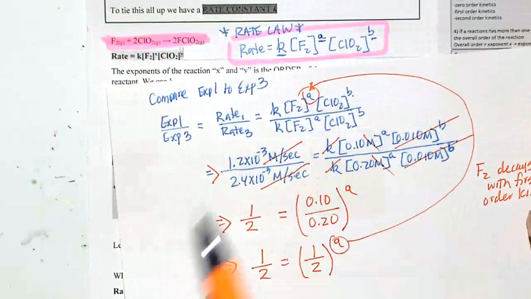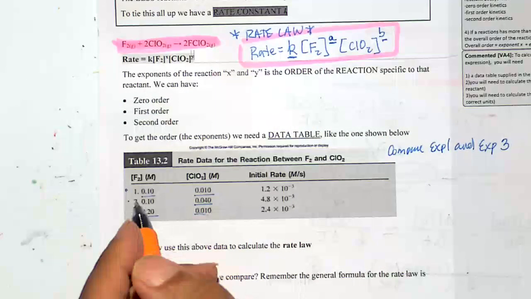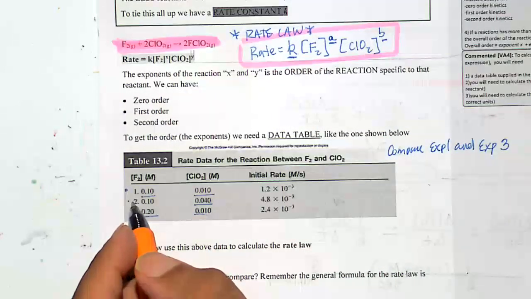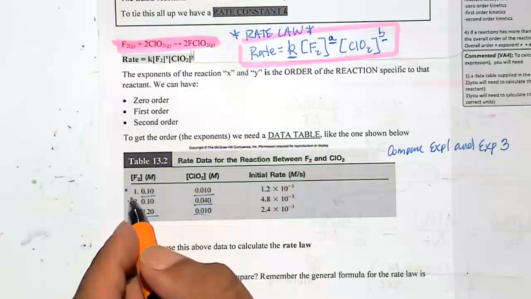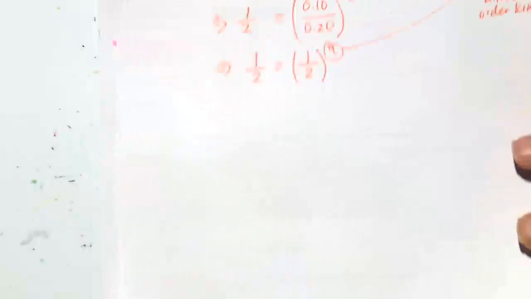All right, let's now try to calculate B. So instead of comparing 1 and 3, what do you think we should compare? Let's compare 1 and 2. Is that okay? Okay, let's compare experiment 1 and experiment 2.